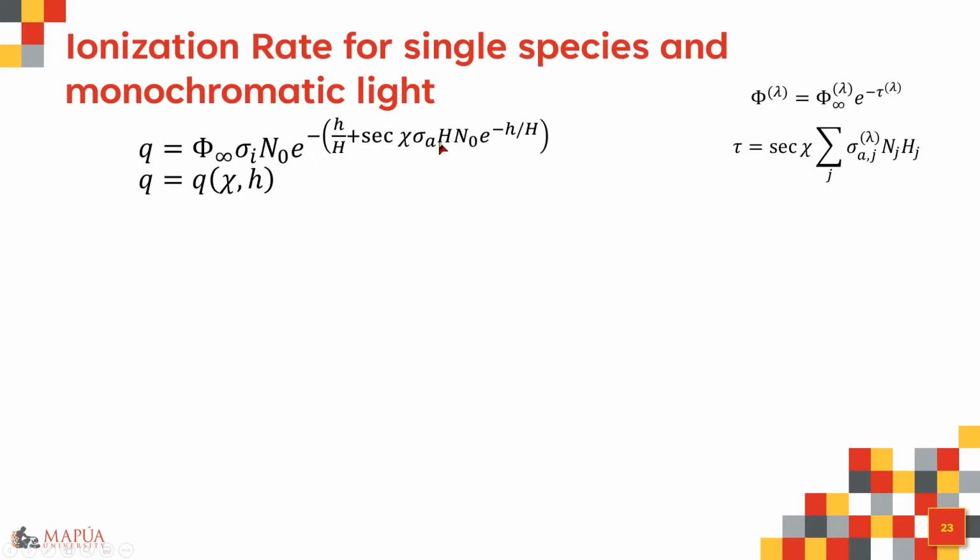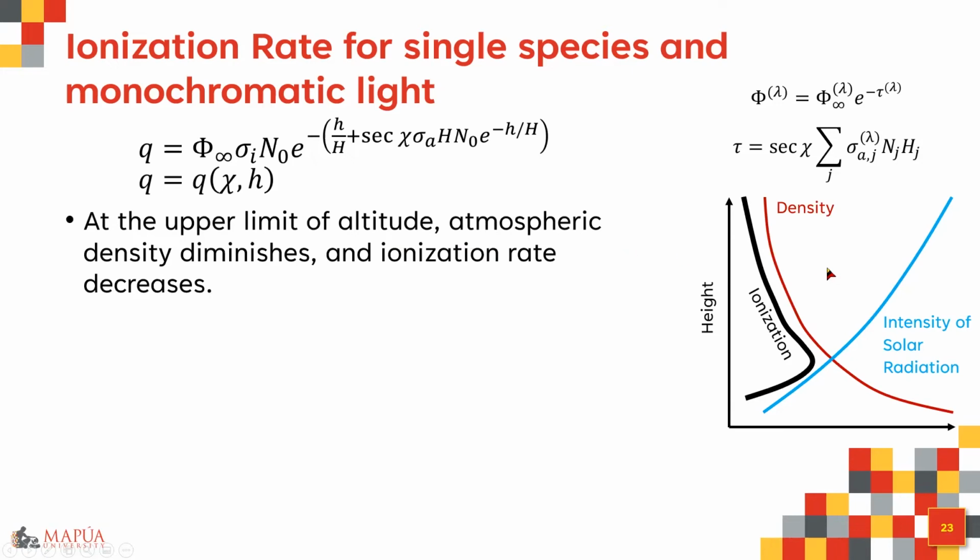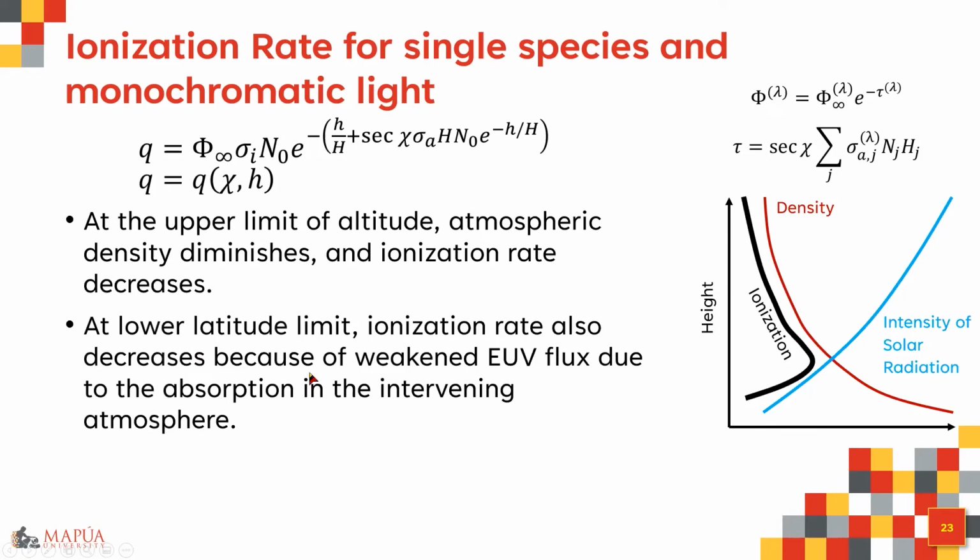What's important to notice is that the ionization rate for a specific species of neutral gas, ionized by a specific wavelength of light, depends on two things: the zenith angle chi and the height. At the upper limit of altitude, atmospheric density diminishes and the ionization rate decreases. At the lower limit, the ionization rate also decreases because of the weakened EUV flux.